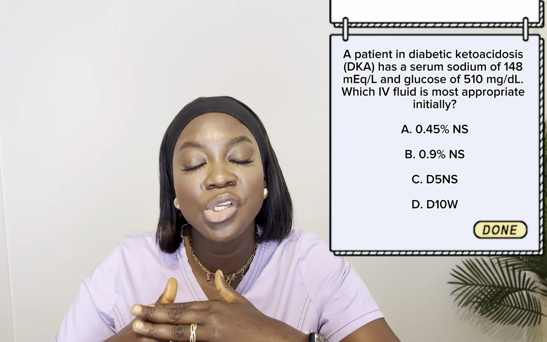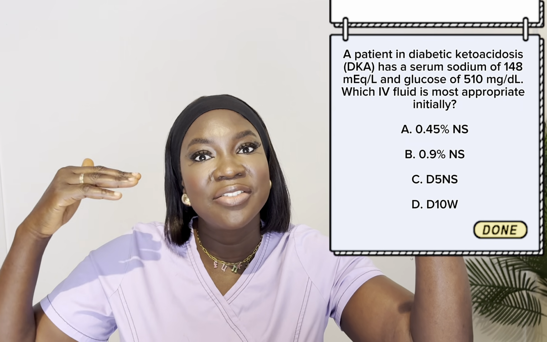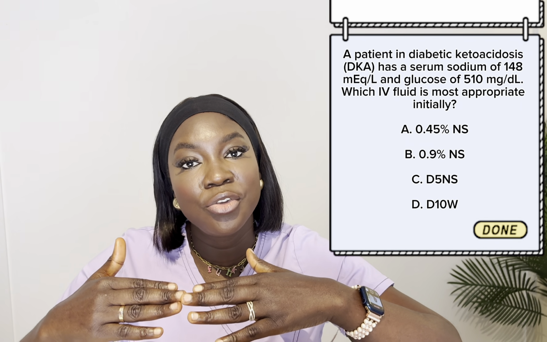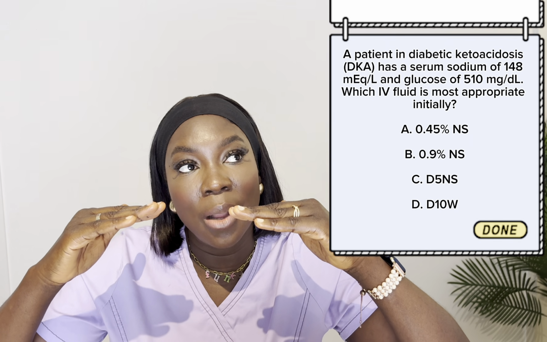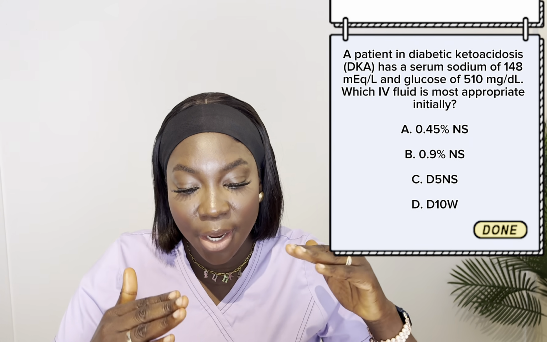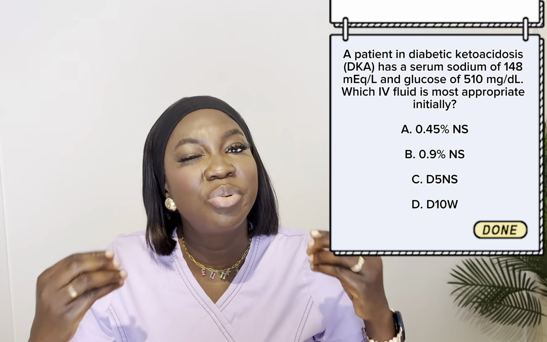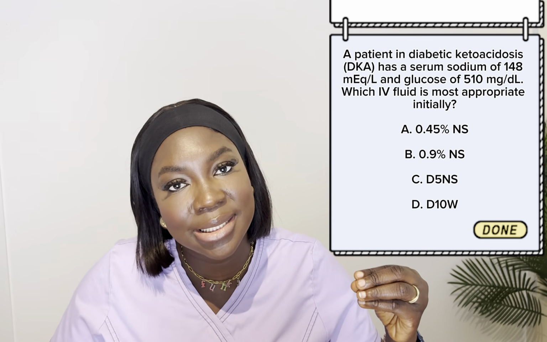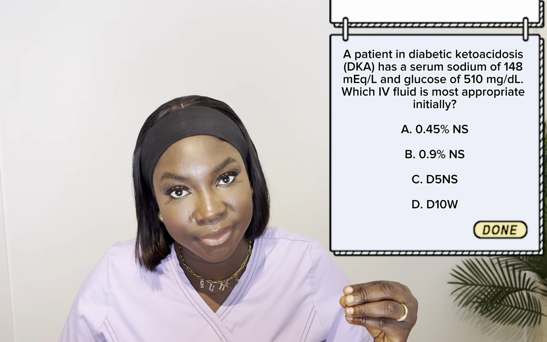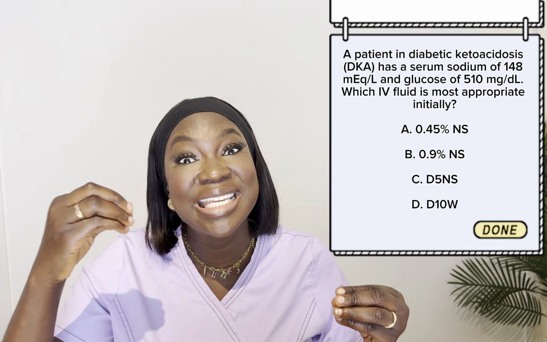But it's not the initial fluid you will use, because they are already hyperglycemic at 510. The first thing is to lower the blood glucose with insulin, and then once it drops to somewhere around 250, to prevent hypoglycemia, you can add dextrose later. So it's not the initial fluid, because the question says initial fluid.